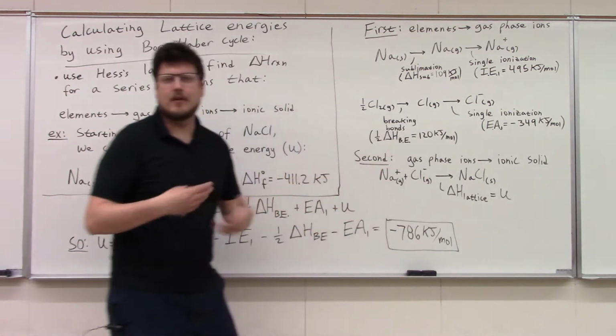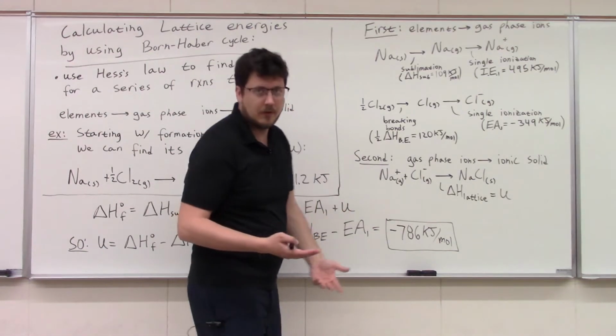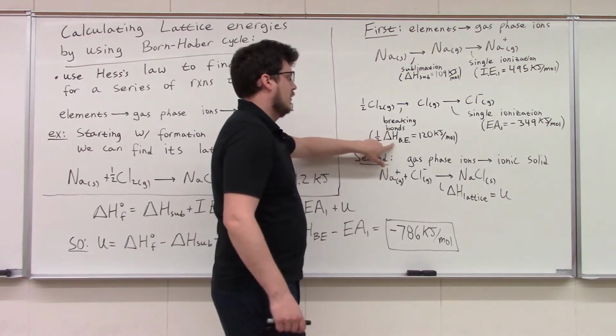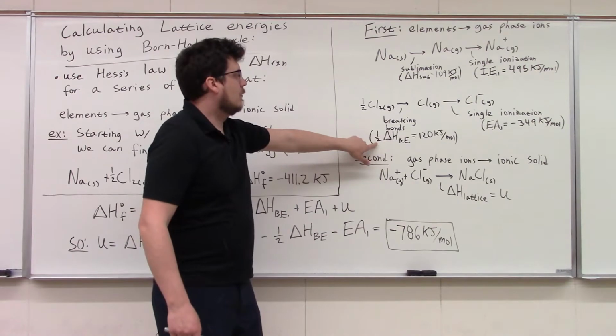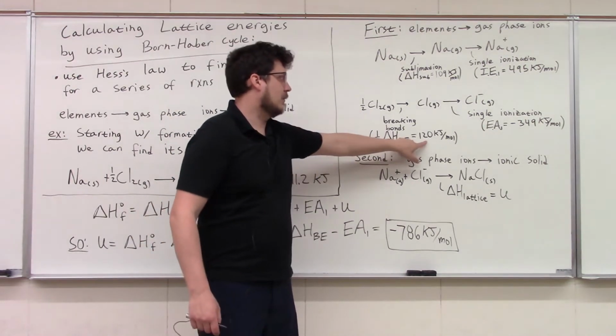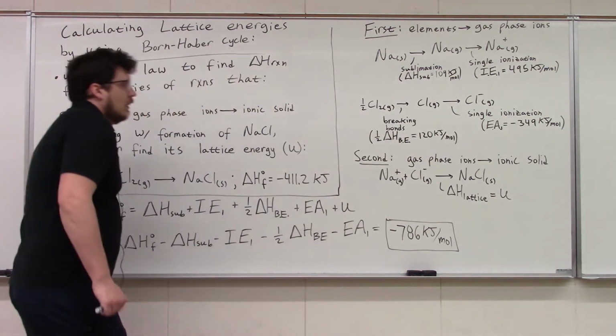Again, this is sort of a theoretical workup. You're not necessarily going to see Cl atoms floating around by themselves. And to do that, we have to look up the bond energy. So there's an enthalpy associated with the bond. And we've got to multiply it by half because we're only dealing with half a mole here. And so half of a mole is going to come out to be 120 kilojoules per half mole. All right.